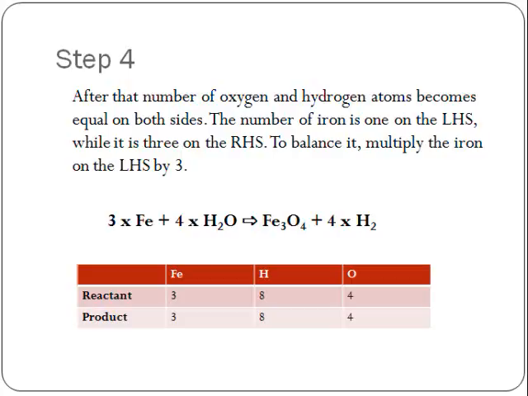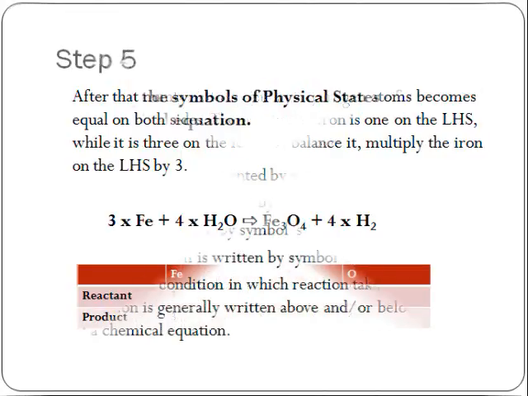On the product side, iron is 3, that is Fe is 3, and on the reactant side it is 1. Hence we'll multiply iron with 3 so that it becomes 3 on both the sides. Now our final equation becomes 3Fe plus 4H2O gives Fe3O4 plus 4H2, and the number of atoms of each element becomes equal on the reactant and product sides, and hence the equation becomes balanced.